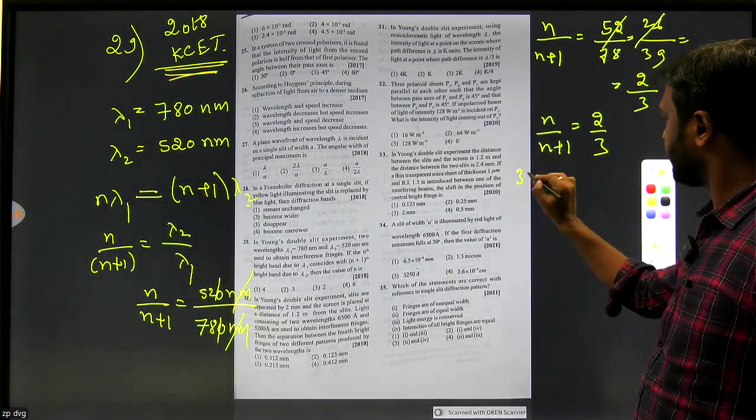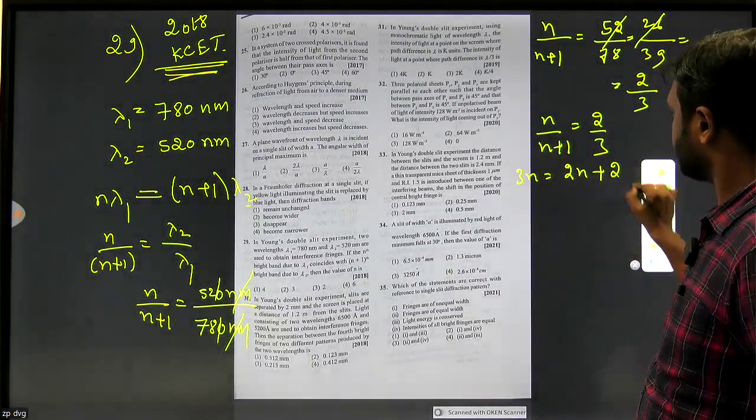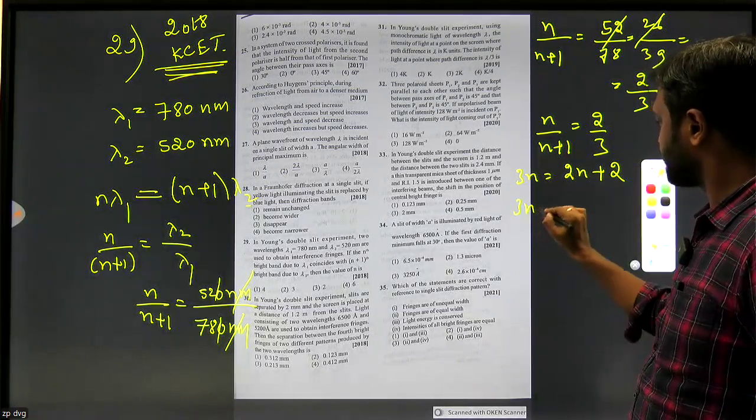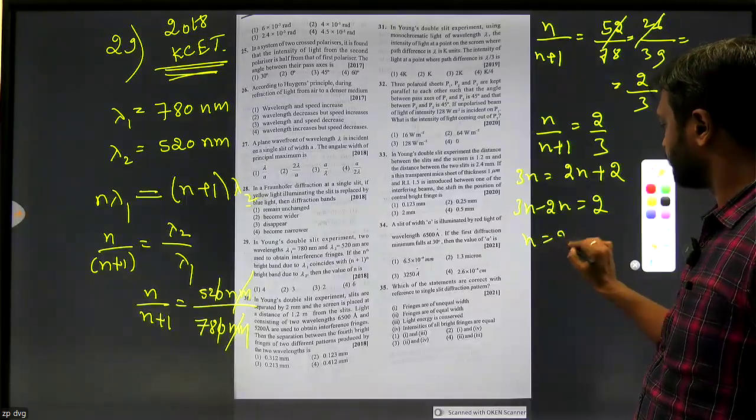Cross multiply: 3n equals 2n plus 2. So 3n minus 2n equals 2, that is n equals 2.